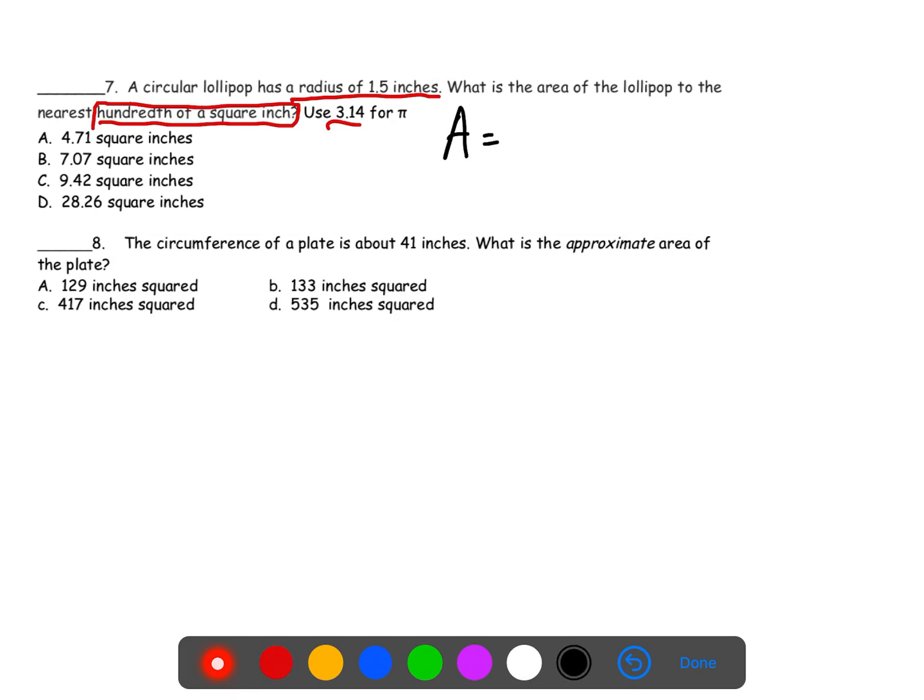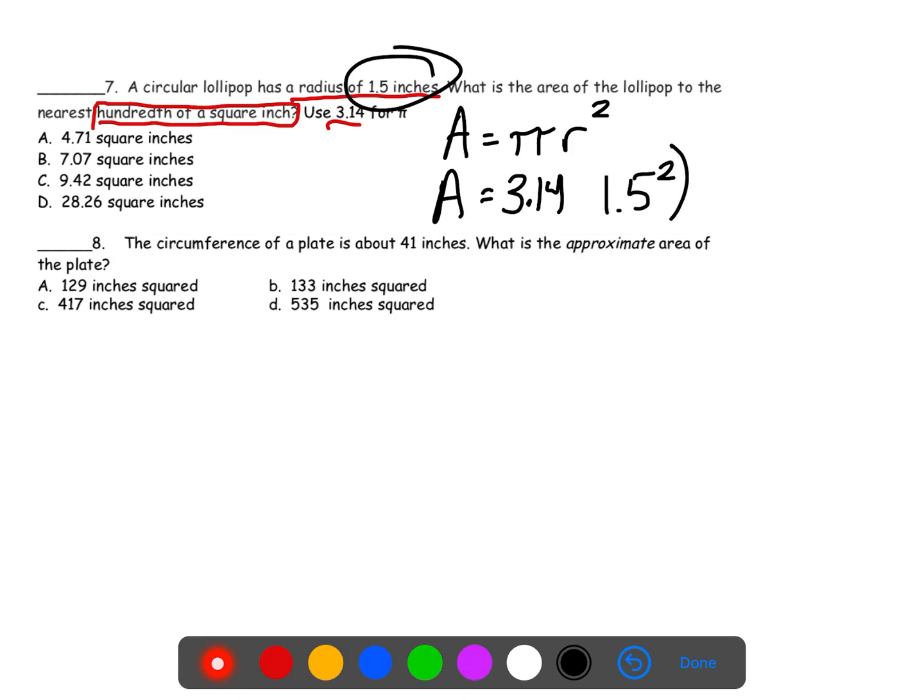Area equals pi times radius squared. I'm going to use 3.14 for pi. I'm given the radius in the problem, so that's 1.5 squared, radius squared.